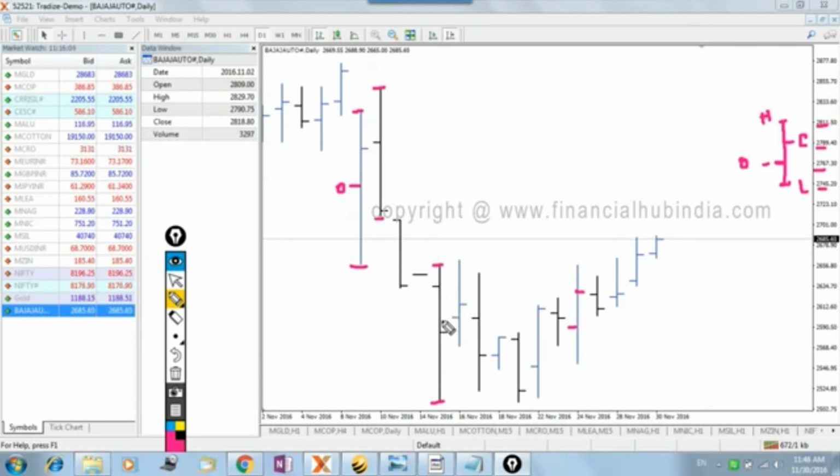The right is always below the left, right? But for the blue one, the right is always above the left. That is the only difference. The right is always below the left for the black and the right is always above the left for the blue, right? And that makes a difference in its colors.